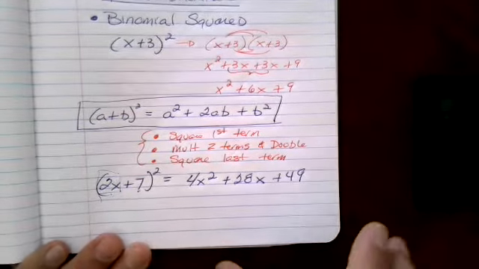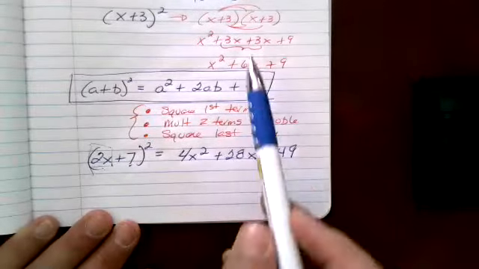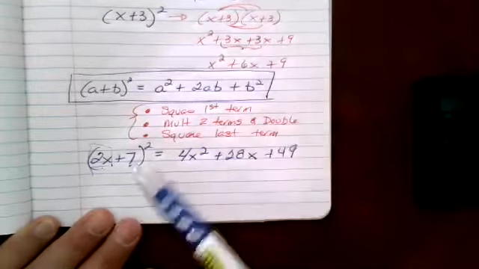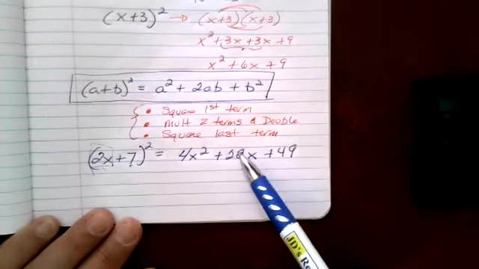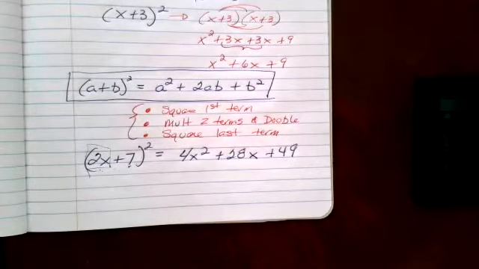This will help you a lot in pre-calc. It's a big shortcut. Your professor is never going to do it this way. They're going to see a binomial squared, and they're going to jump to the answer. The problem in pre-calc or higher level math is the algebra. The pre-calculus or calculus is easy. And what makes the algebra hard is your professor is not going to teach you algebra.